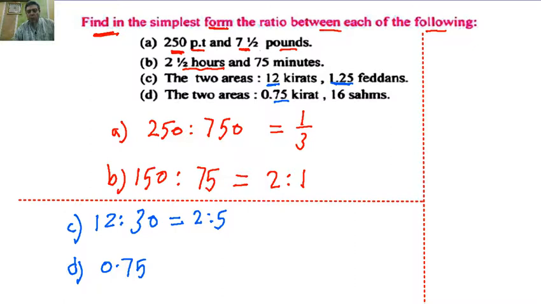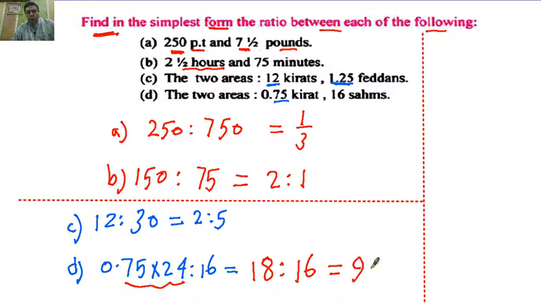To convert from feddan to sahm, 1 feddan equals 24 kirat, and 1 kirat equals 24 sahm. Then the ratio becomes 216 to 18. Dividing, the ratio becomes 9 to 8. That is the simplest form.